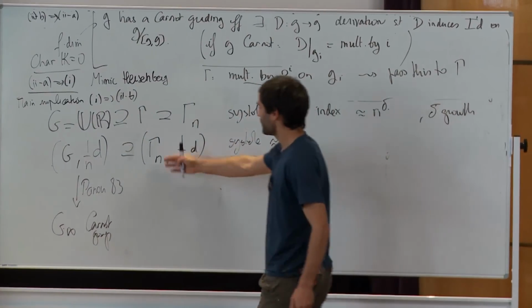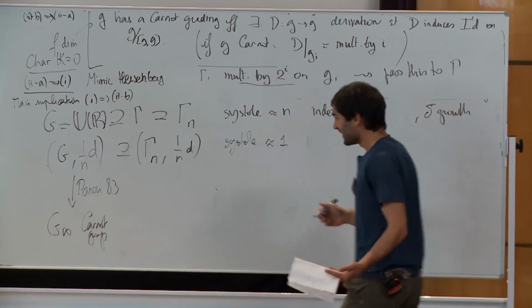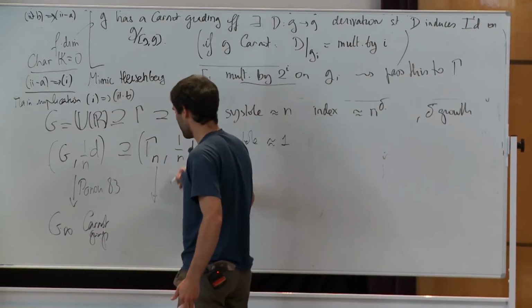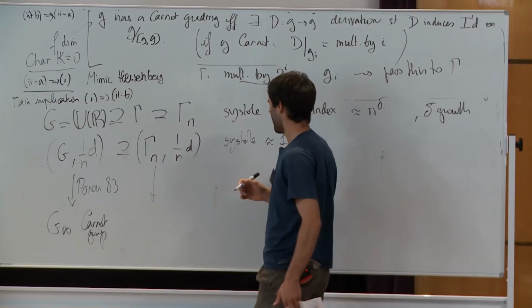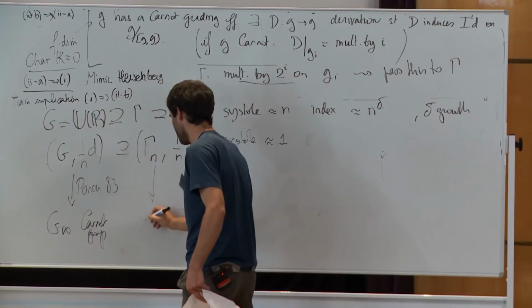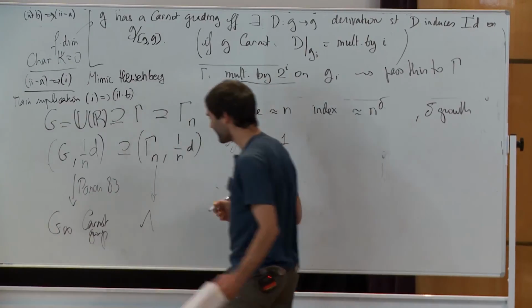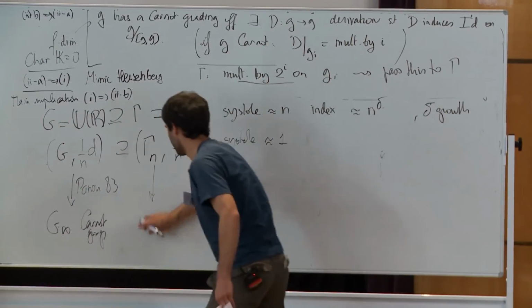And now you have a sequence of subgroups, so up to extraction, you can make it converge to something. I call it gamma infinity.